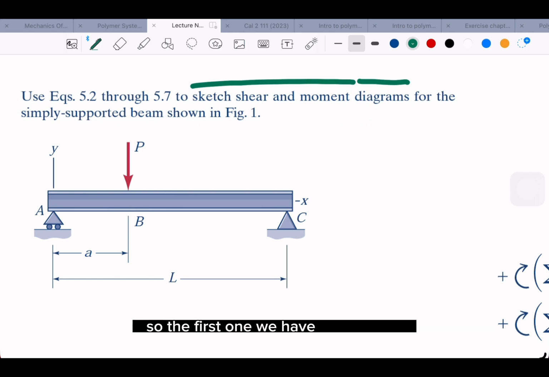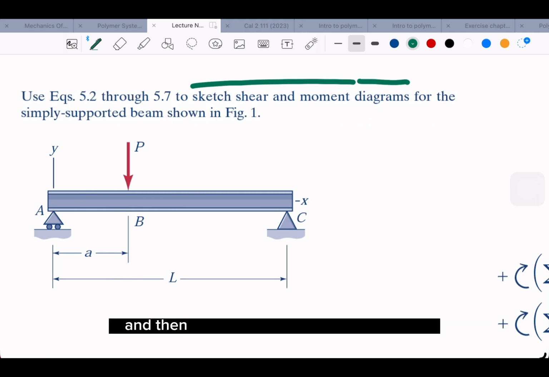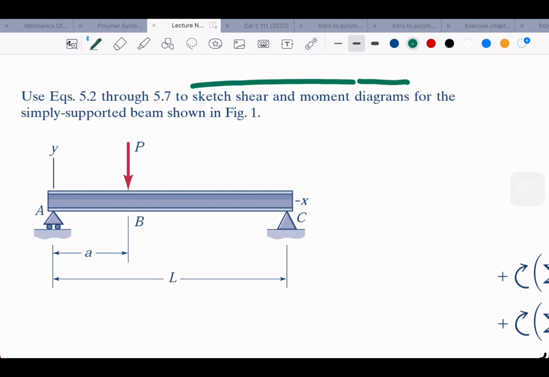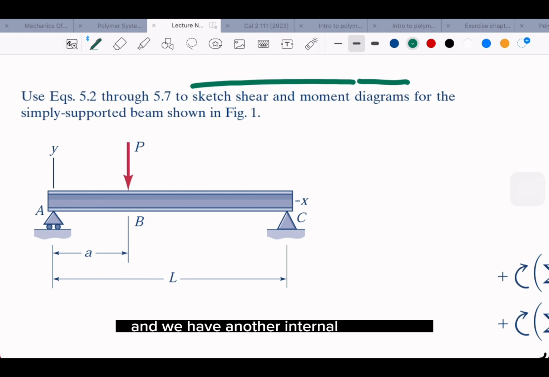So the first one, we have this internal shear, which is given by the AY, okay? And then it moves and changes here, right? And then it moves again, and we have another internal shear here. So we make a shear and then the distance, and you need to be familiar with this.